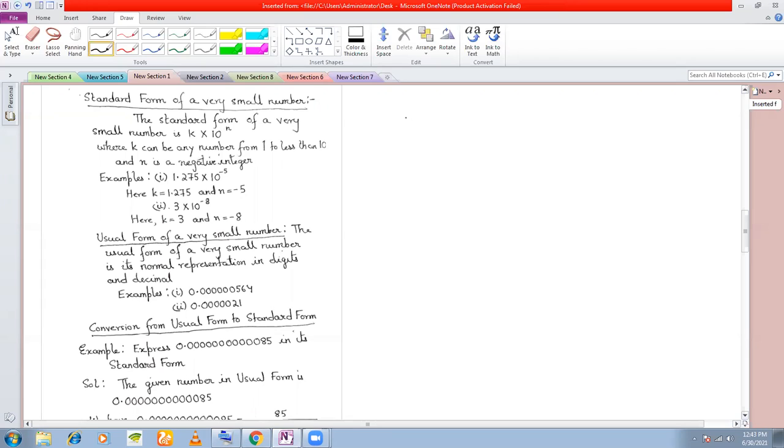So the standard form of small numbers is also of this type, k into 10 to the power of n, except that the difference here is that n has to be a negative integer. In the large numbers, we had n as a positive integer, right? Here n we have as a negative integer in the case of small numbers.